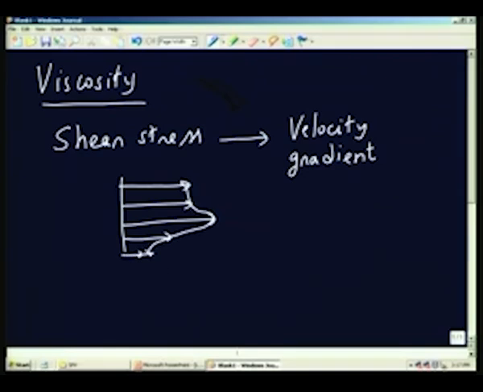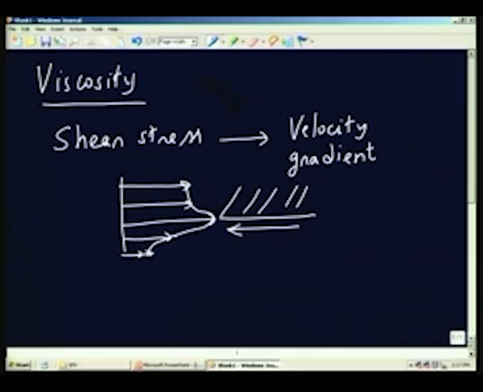At any point, let us take the fluid above this. If we remove the fluid below this, because of the fluid below this, there is a stress, or a force which is due to shear, that will appear as shown in this figure.